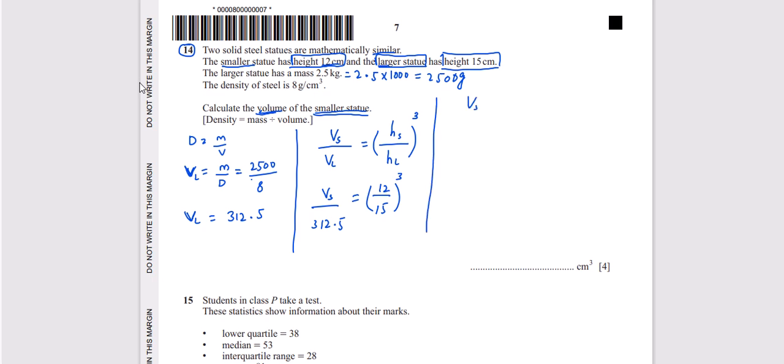So Vs divided by 312.5 is equal to 12 over 15, overall power 3. Dividing these values, we get 0.8 raised to the power 3. Taking the power 3, that is equal to 0.512.